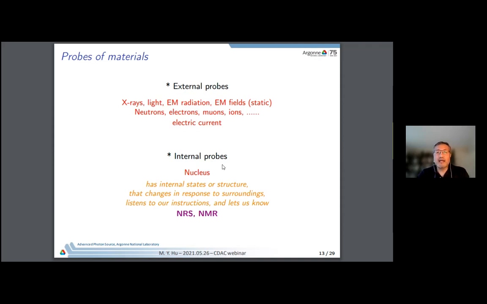That's what we can use. Among techniques that use these internal probes, besides nuclear resonance, another one I can think of is NMR, nuclear magnetic resonance, which also uses nuclear spin. And another kind of internal probe is ruby particles. You put them inside a sample, though really, it's not inside your sample, it's near your sample. But anyway, that's something similar too.